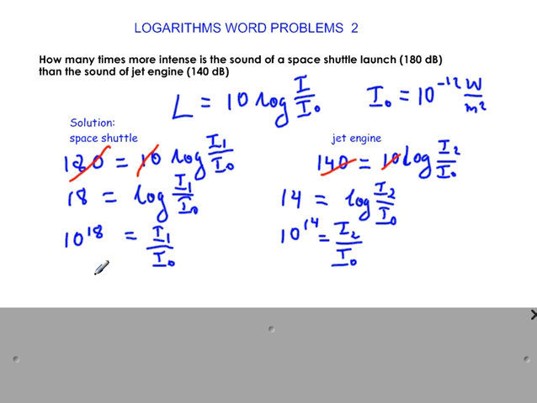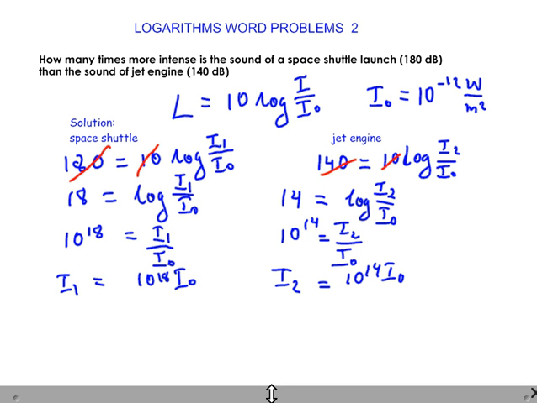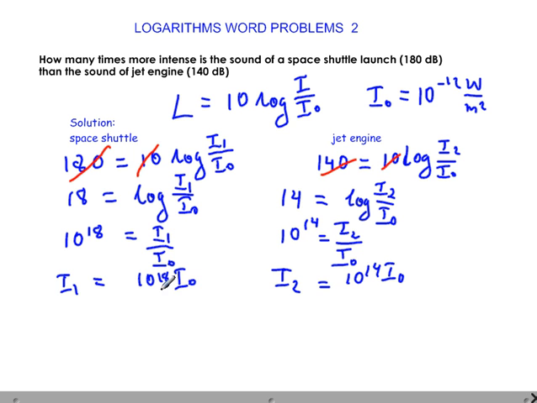Okay, so we find I1 as 10 to the 18 times I0, and we find I2 as 10 to the 14 I0. So intensity 1 has a greater value because the exponent is 18.